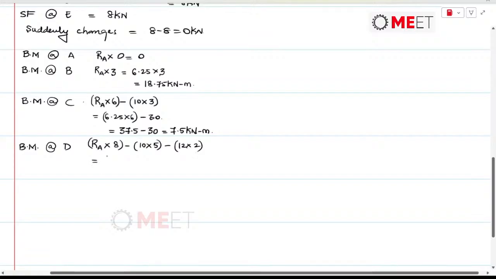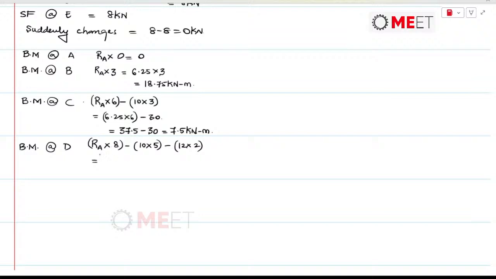So RA is 6.25, 6.25 into 8: 6 eights are 48, plus 0.25 into 8, which is 2. So this is 50 minus 50 minus 24. That's equal to minus 24 kilonewton meter. That is the bending moment at point D.